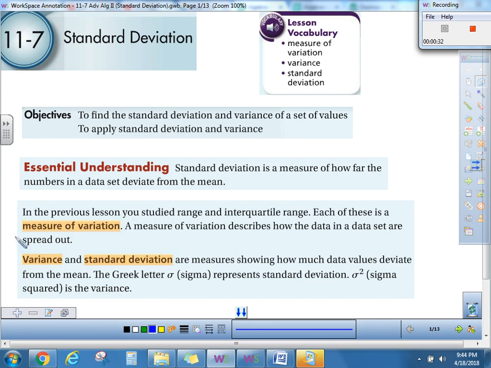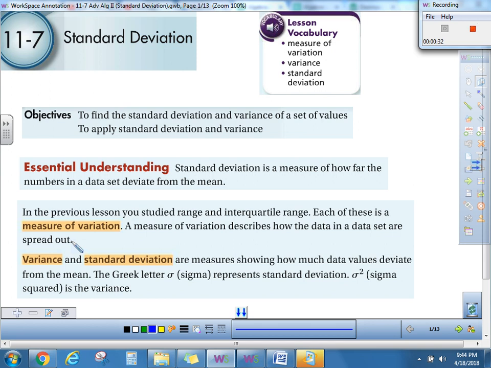Measures of variation are different. Yesterday you studied range, which tells you how spread out your data is, and your interquartile range, which was the difference between your third and first quartile when you were drawing your box and whisker plots. Each of those two measures were measures of variation.